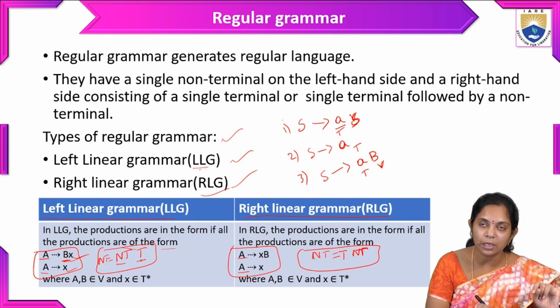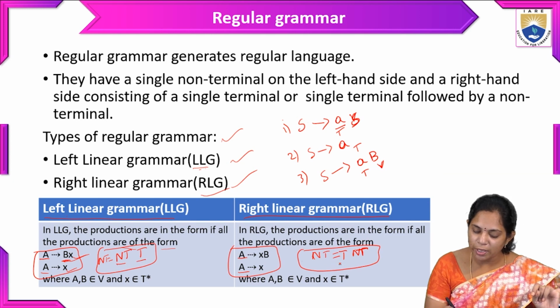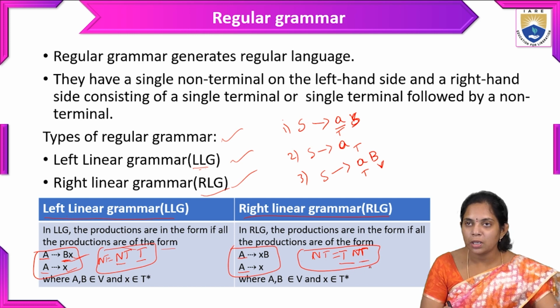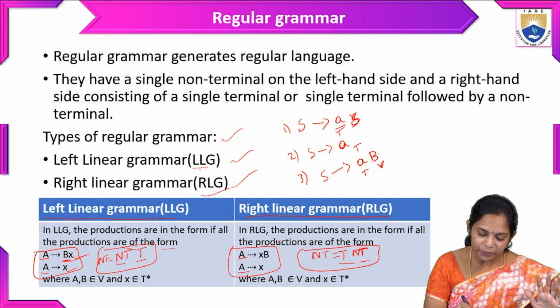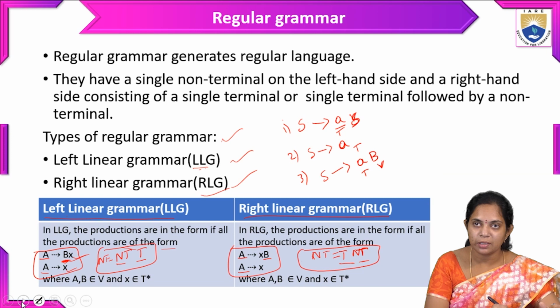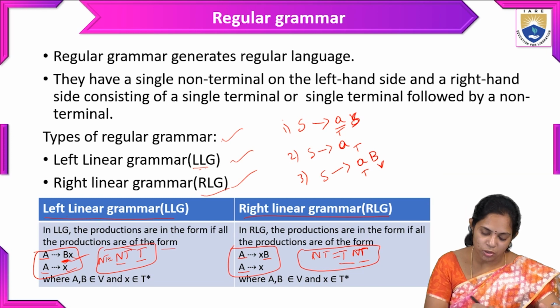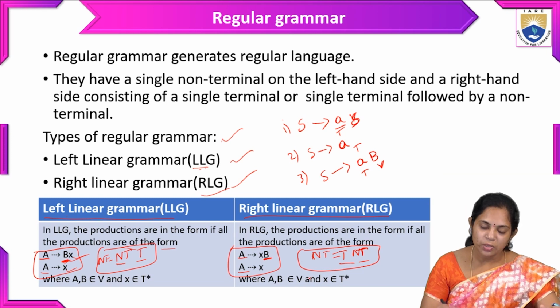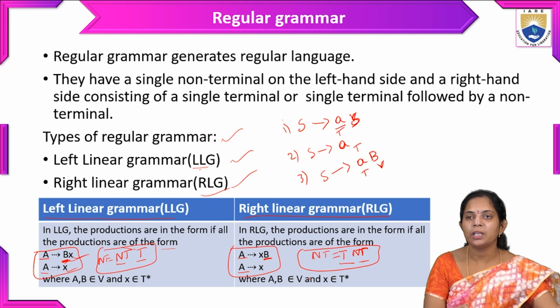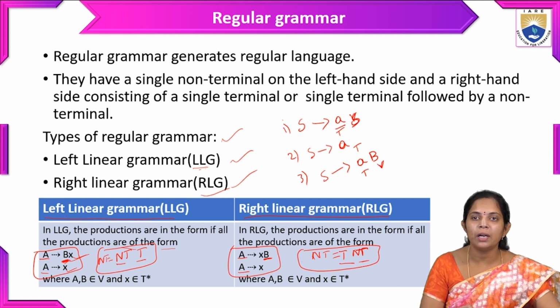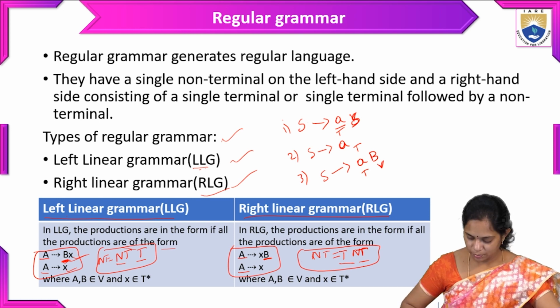And in the right linear grammar, the terminal is followed by the non-terminal. Why? Because in one the non-terminals are all on the left side, and in the other the non-terminals are all on the right side. This is how we differentiate the left linear grammar and the right linear grammar.